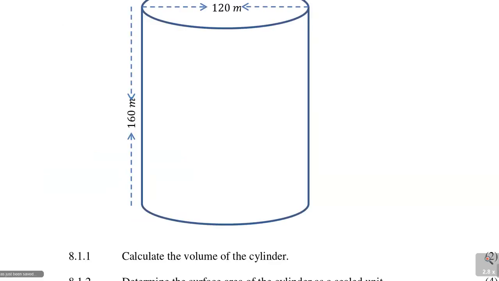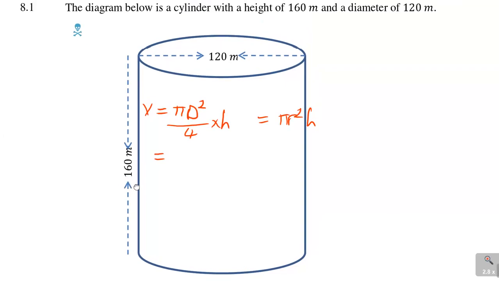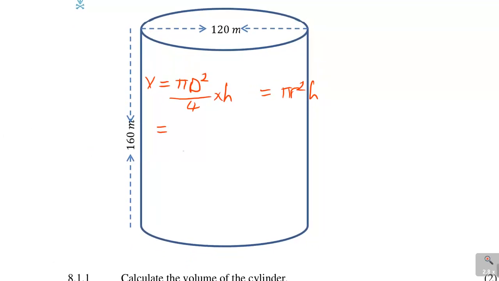So you come here and write that formula to say V is equal to pi d squared over 4 times h, or pi r squared h. Whatever way. Now they told us the diameter was 120. So you're going to say pi times 120 squared over 4, and the height is 160.